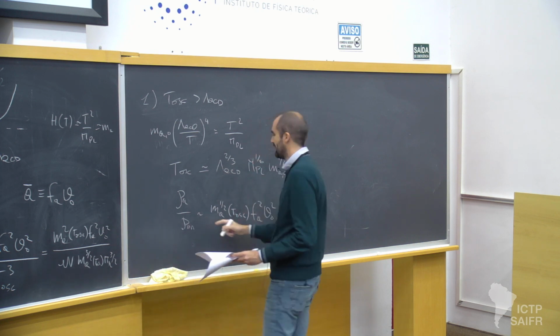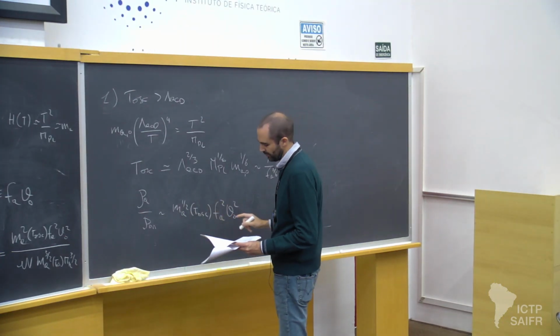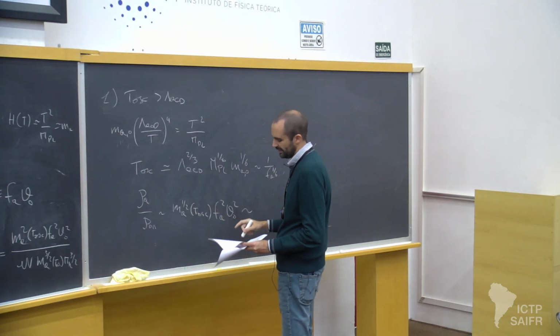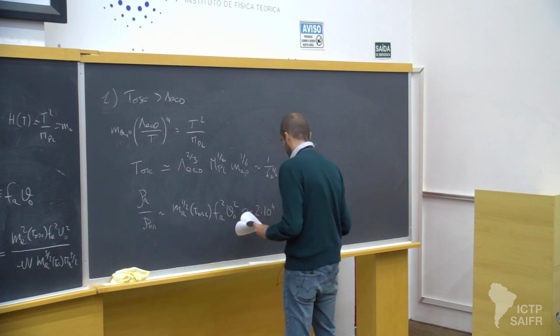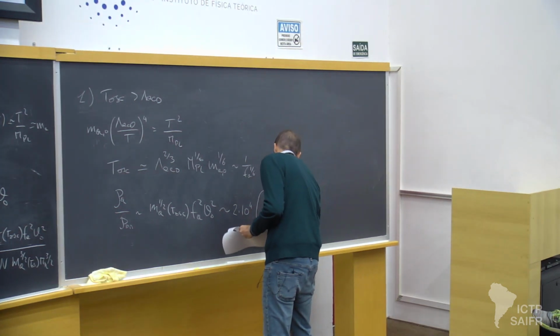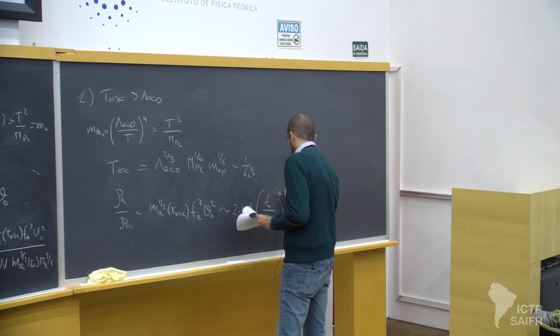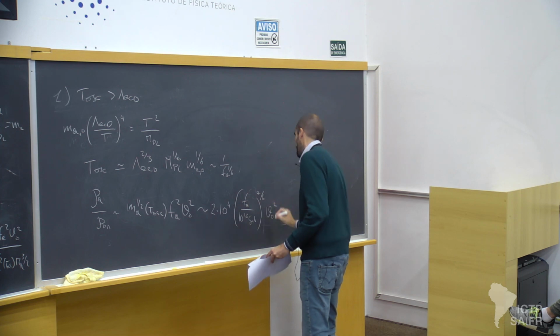So this is how it scales with the axion parameters. If you put all the numbers, then you're going to get something like 2 times 10 to the 4 times FA over 10 to the 16 GeV to the 7/6 times theta 0 squared.